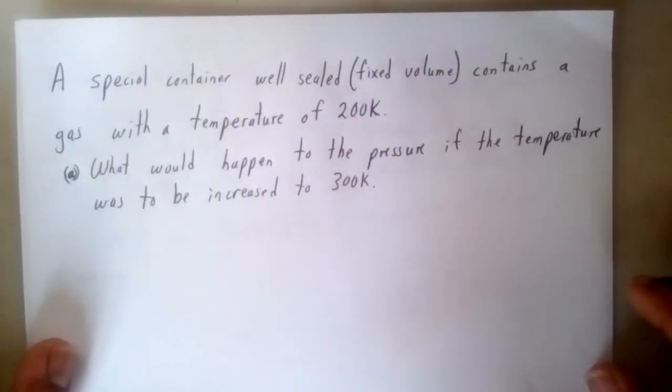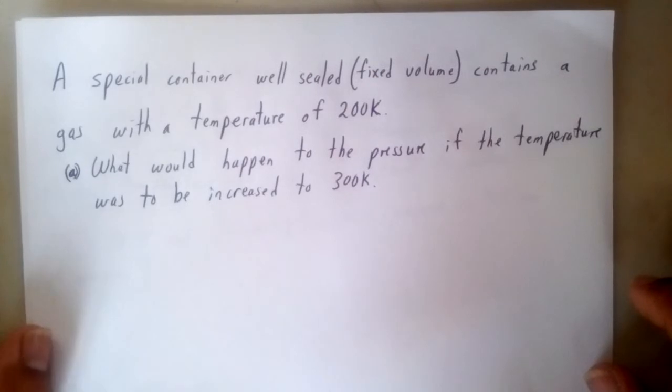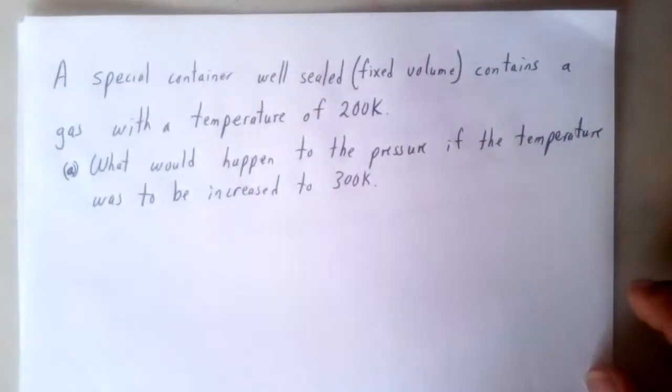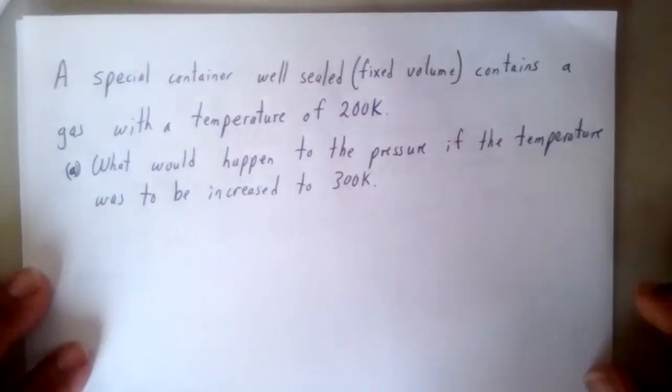So since it's a special container, what you're going to do is as follows. It did not ask you for any calculation, so you're going to start by stating a reason.